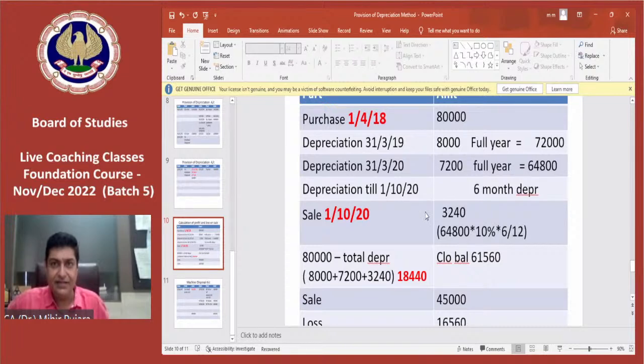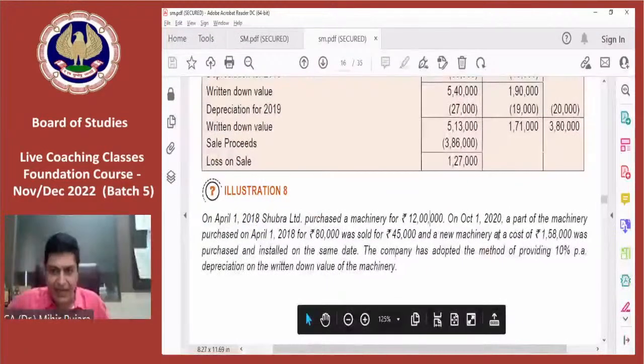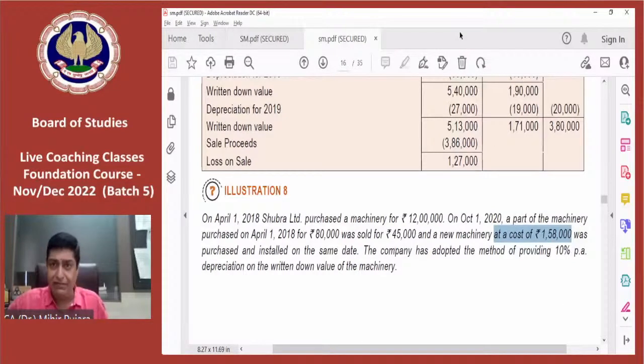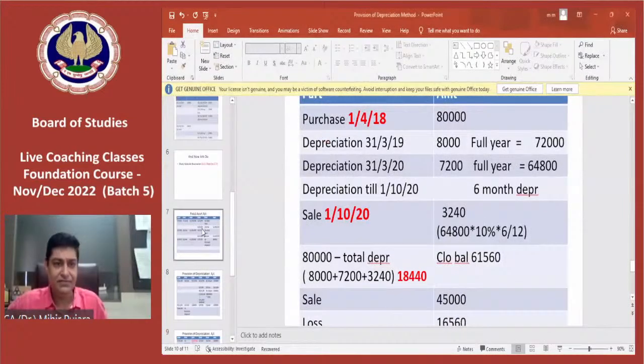Let's read the question so that it will be more clear, friend. The new machine is purchased at a cost of 1,58,000. So when we purchase the asset, we have to debit in our asset account. Simple.